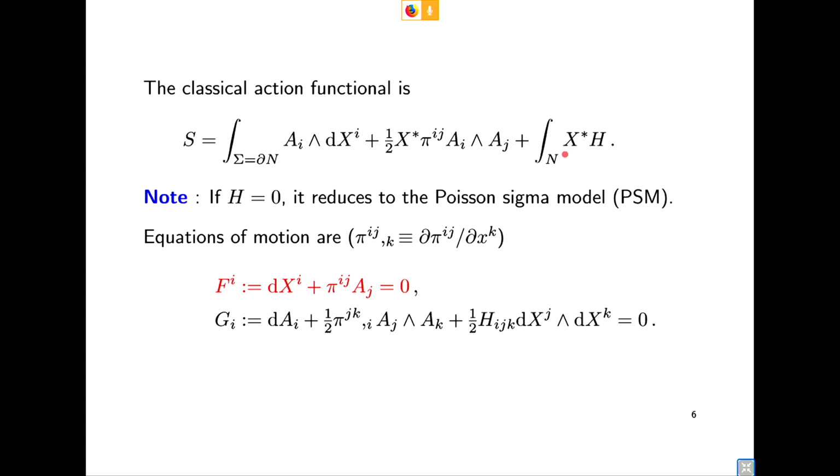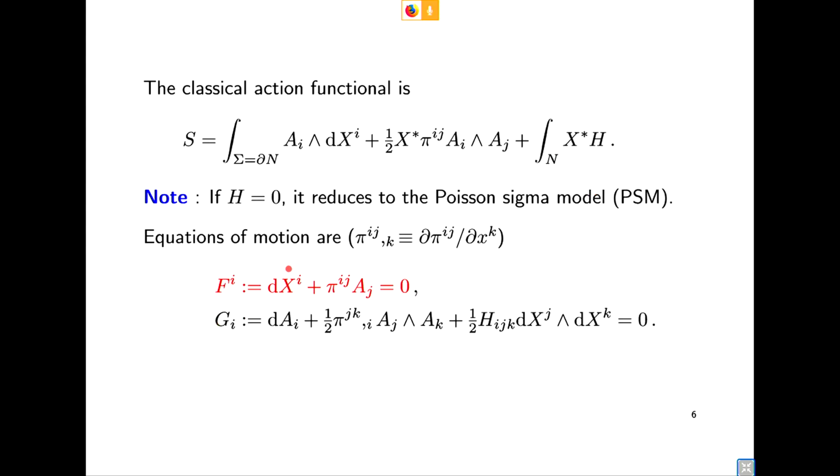This is the so-called Wess-Zumino term, the pullback of H. And if H is equal to 0, this model is called the Poisson sigma model. So this model is a generalization of the Poisson sigma model by the additional term H.